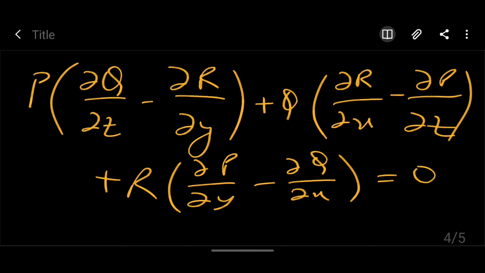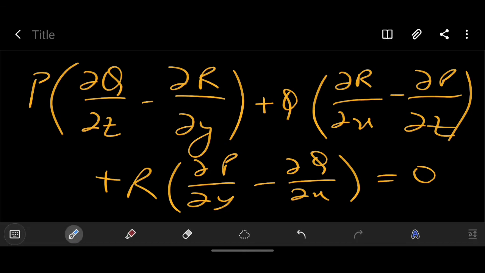Q and R are 1, so they are constant, and the differentiation of constant functions is 0. So this part is 0, this part is again 0, and Q and R are 1, and P is y + z, so this whole part is 0, right?